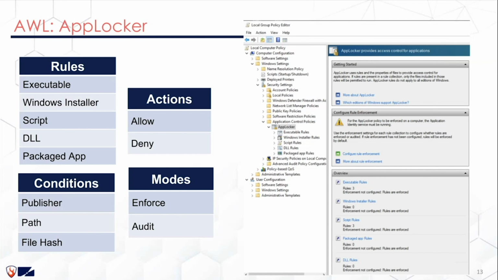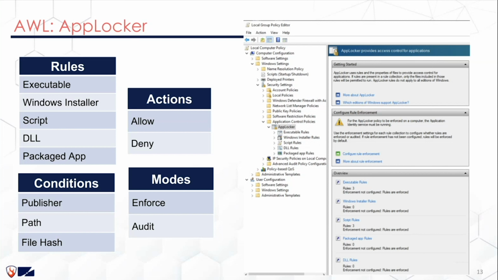Then we can block or allow certain Windows Installer packages. So think of your MSI packages or your transform files. We can block or allow certain types of scripts. This includes PowerShell scripts, batch files, Visual Basic, and JScripts as well. There's a rule set for DLLs and OCX files. These will enforce or allow certain libraries. And then we have another for packaged apps.